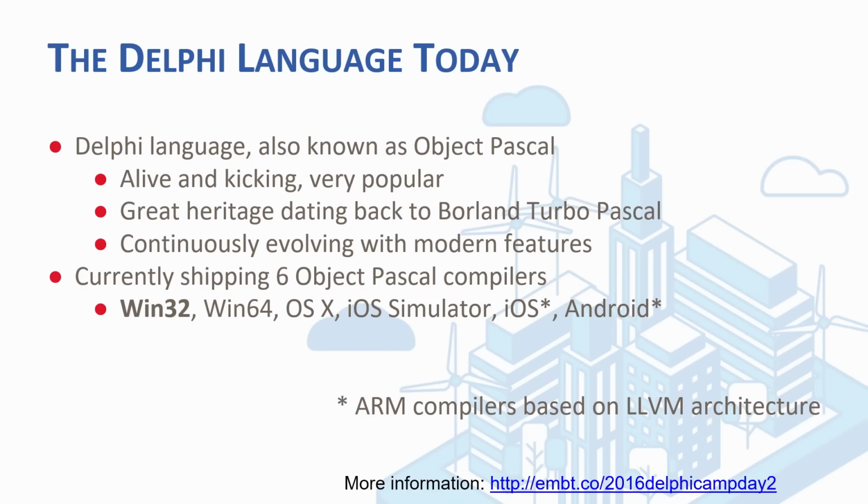The Starter edition only has the Win32 compiler. There is a Win64 one, there's one for iOS 10, and the second one, which is technically for the iOS simulator. And then there are 2 compilers for iOS and Android that are based on the LLVM architecture. Actually, there are 2 compilers for iOS, so it's actually 7 compilers, because iOS is available both for 32-bit and 64-bit.